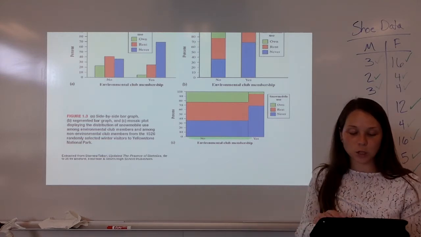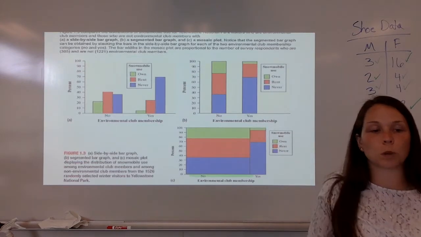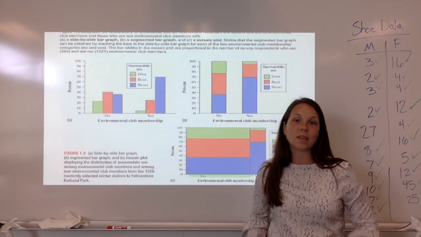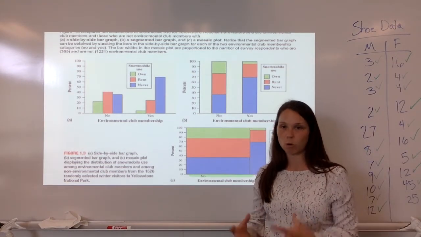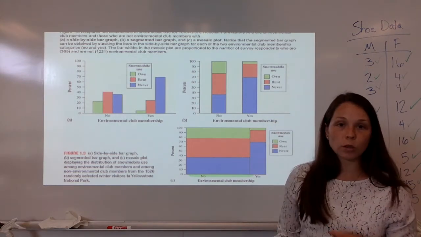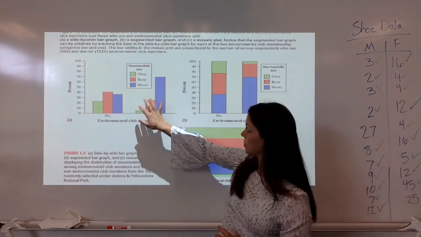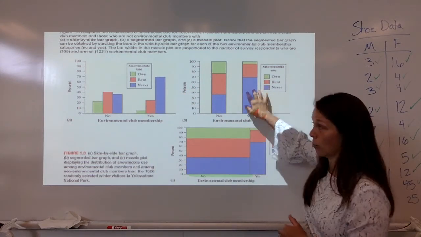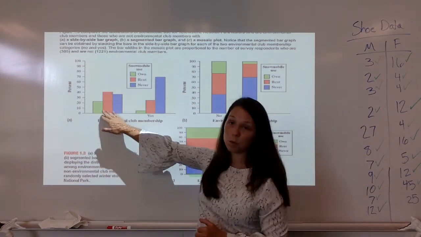So some key things I want you to be aware of is that these three distributions are all representing the same set of information, but they give you the information in a little bit of a different way. I want you to notice the similarities between a side-by-side bar graph and this stacked one here, because the bars and the size of the bars are all the same.